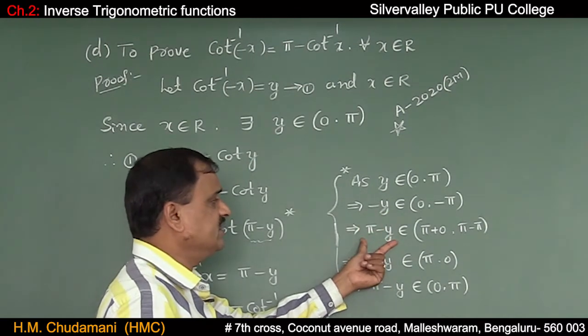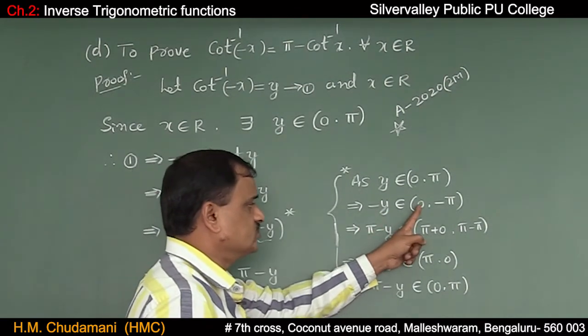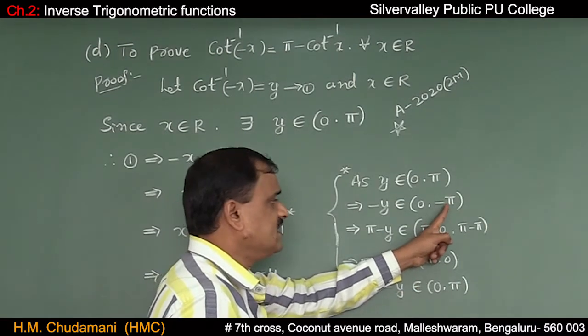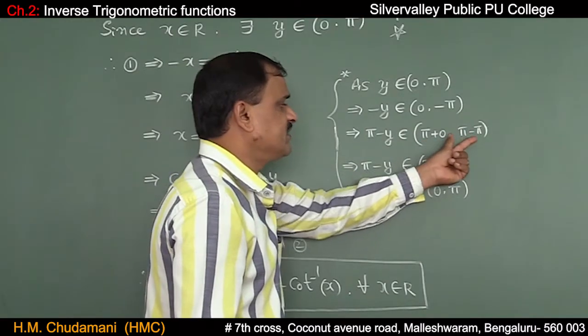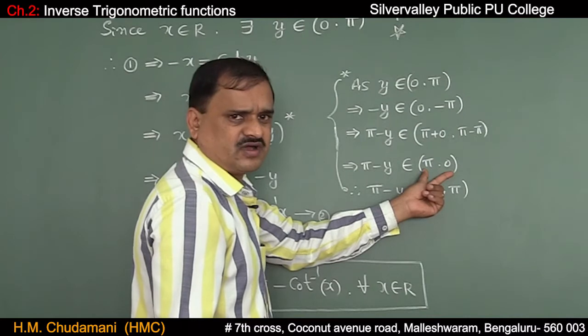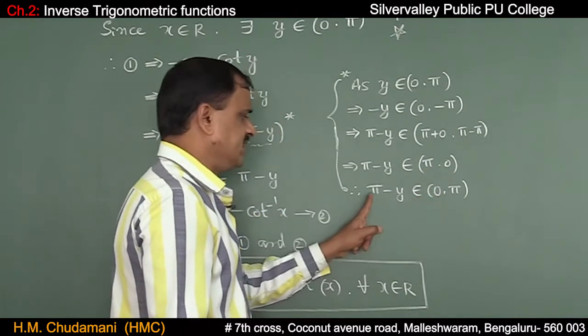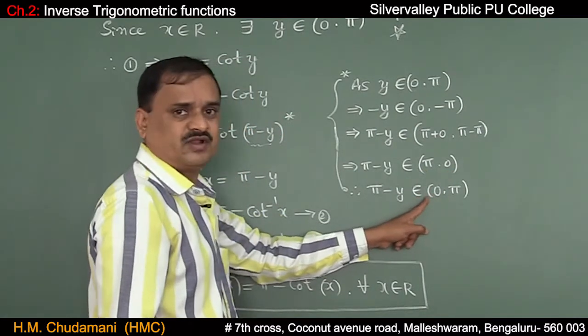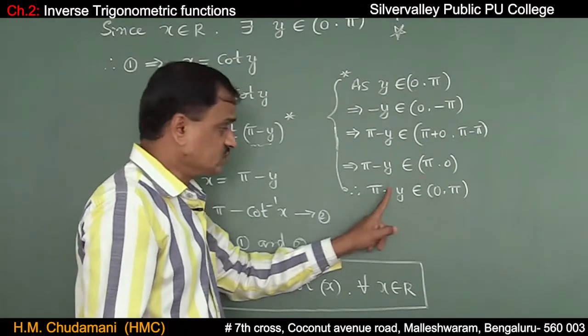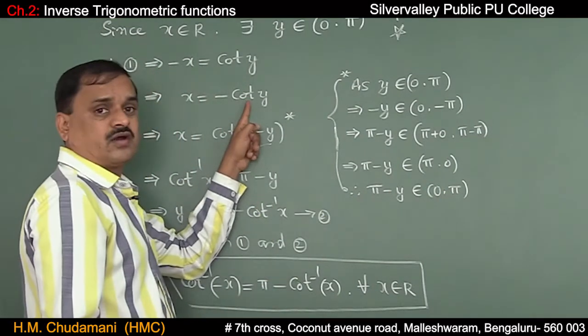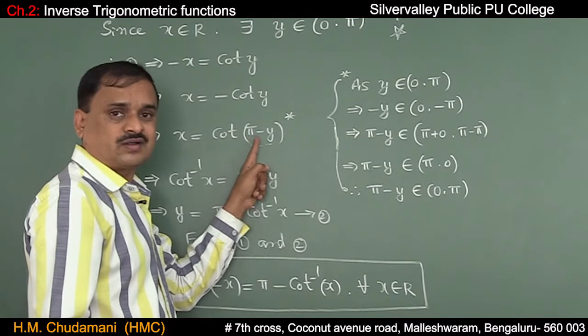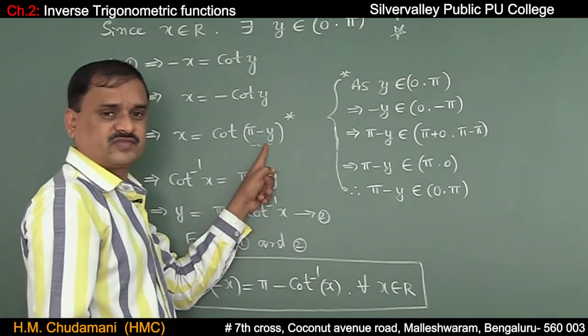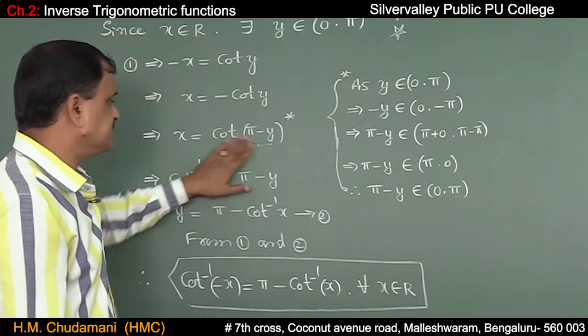So pi minus y belongs to 0 plus pi comma minus pi plus pi. So this is pi comma 0. Pi comma 0 is same as 0 comma pi. Therefore, pi minus y belongs to 0 comma pi. So that's why you need to write minus cot y as cot of pi minus y. Okay. So now inverse of this exists.